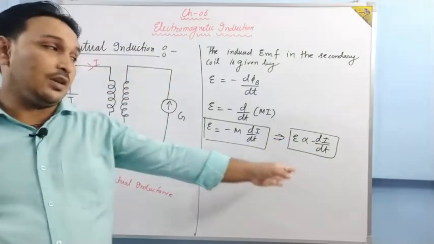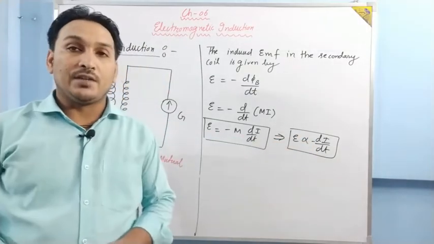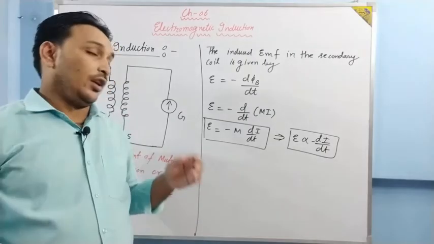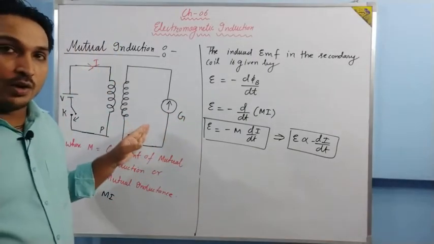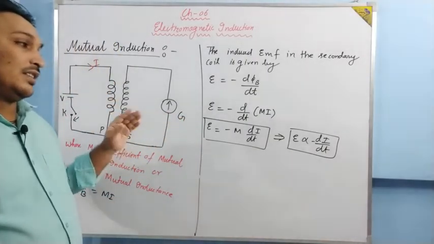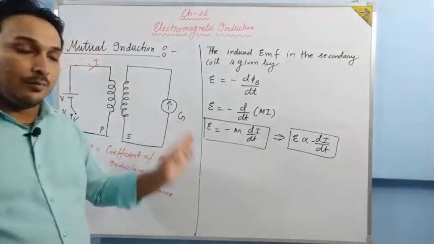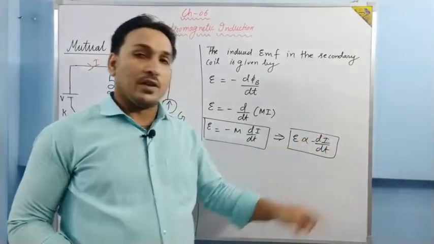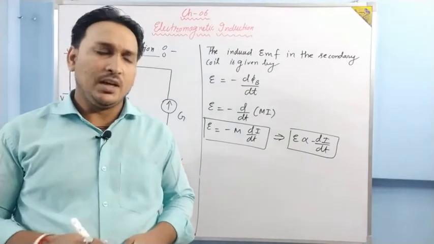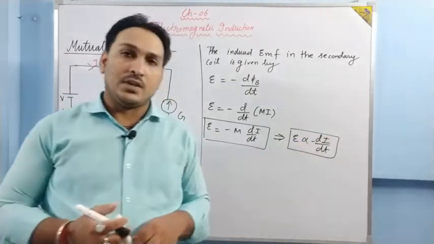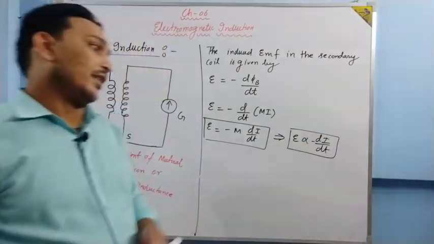Why is there a negative sign? The negative sign signifies that the EMF induced in the secondary coil will be in such a way that it opposes the change of current. Is it clear? That is why there is a negative sign.